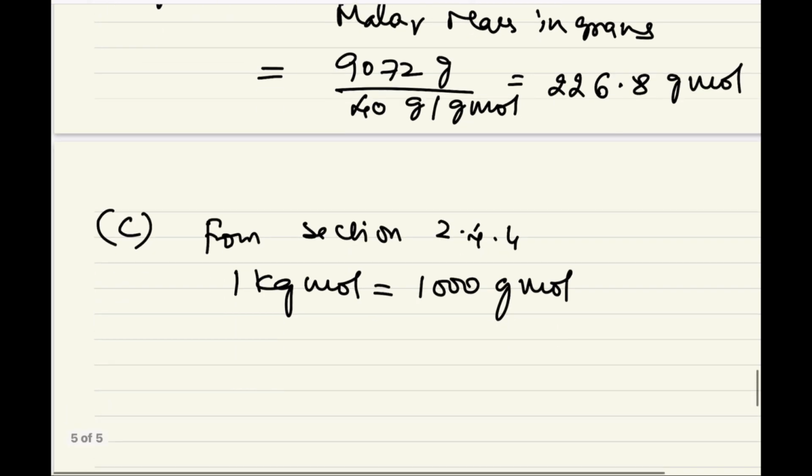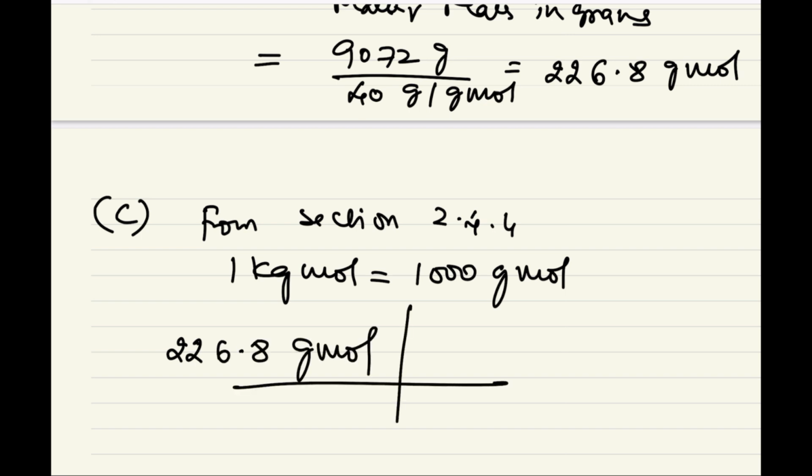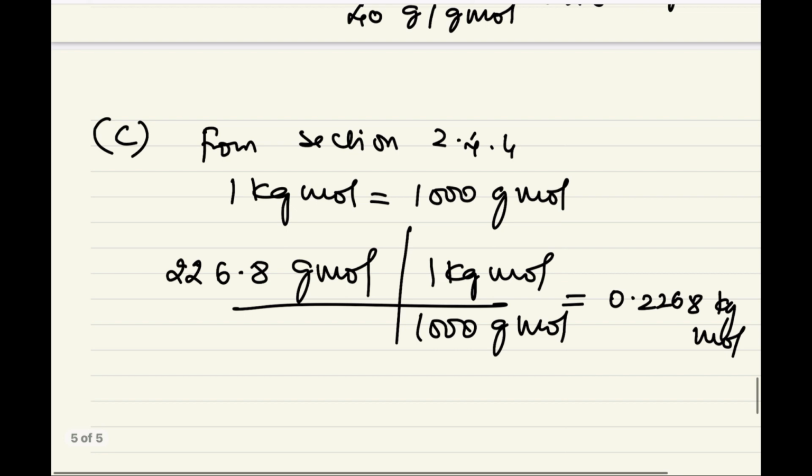So 226.8 gram mole becomes 0.2268 kg mole.